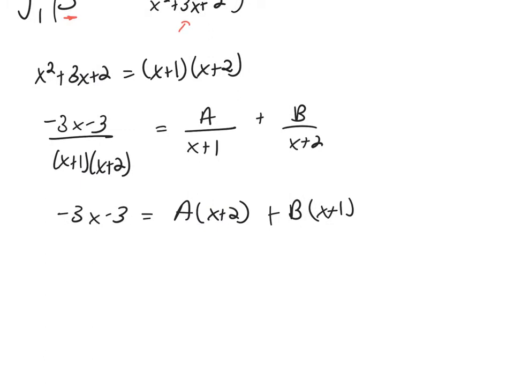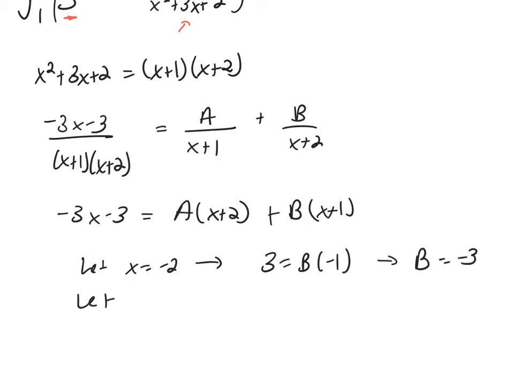So if I plug in x equals negative 2, you'll get 3 equals b times negative 1. So b is negative 3. And if you let x equal negative 1, you're going to get 0 for a. Now there is a reason why we're getting 0 here for a.